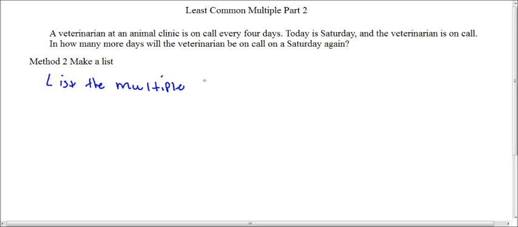We're going to list the multiples of each number, and the numbers we're referring to are 4 and 7. So what are the multiples of 4? And we need to know what the multiples of 7 are.